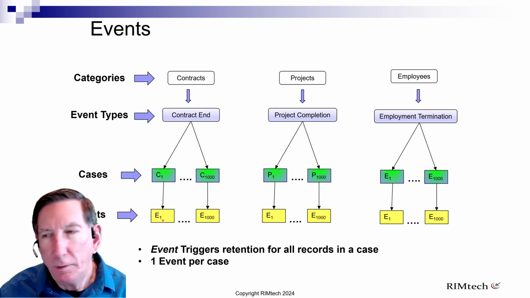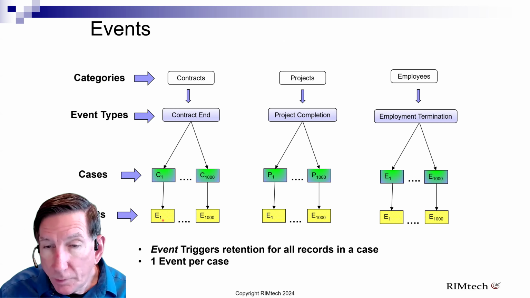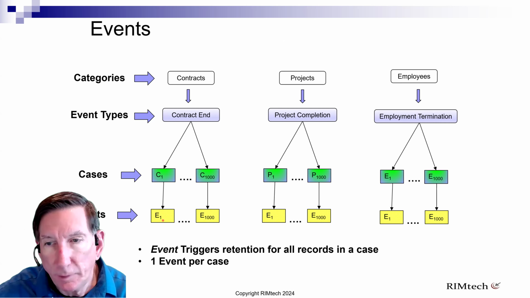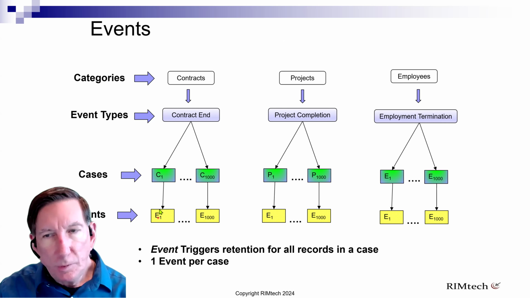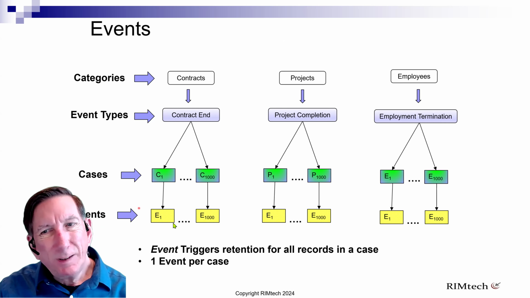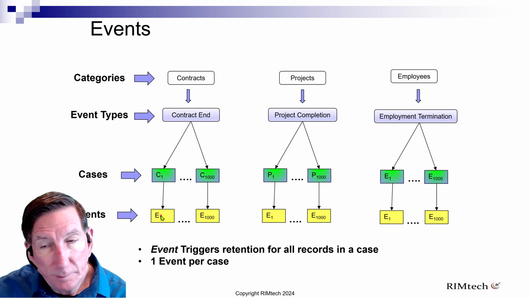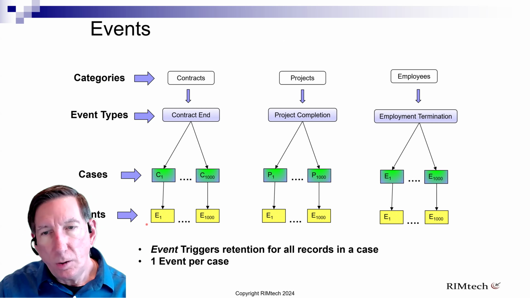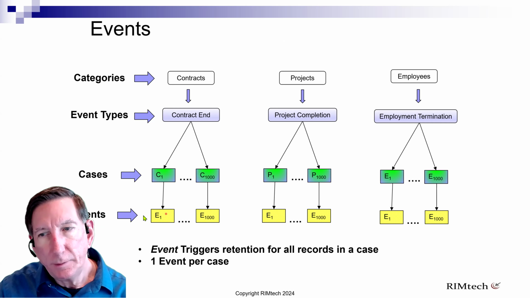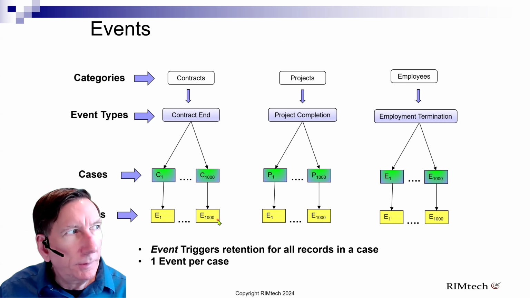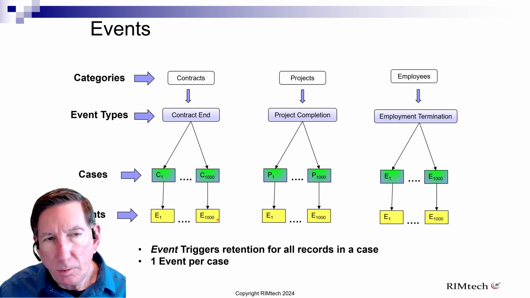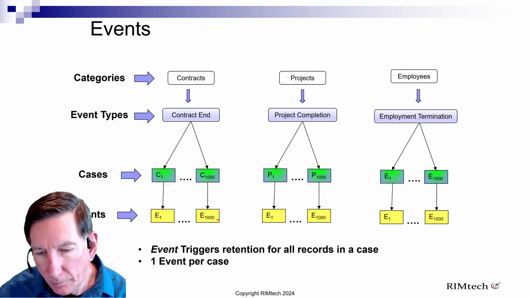No, absolutely not. But this is how Purview works out of the box. So let's at least study it, okay? Once you know the event, that's really the case. So you have to attribute all the documents in a case to that event. All right? So that's the methodology, the approach of how cases are defined in Purview, okay?